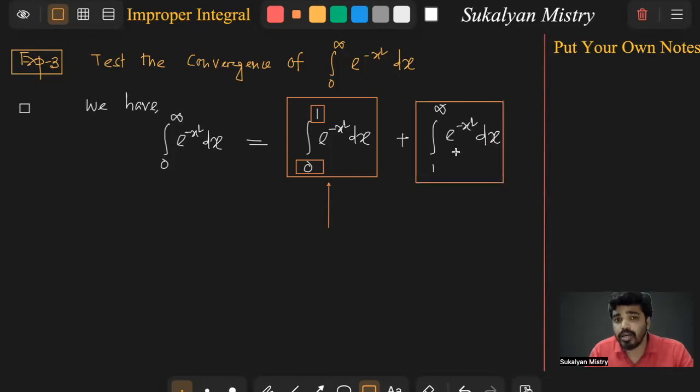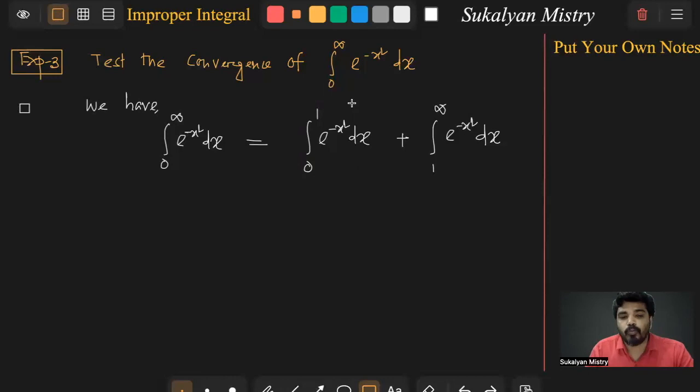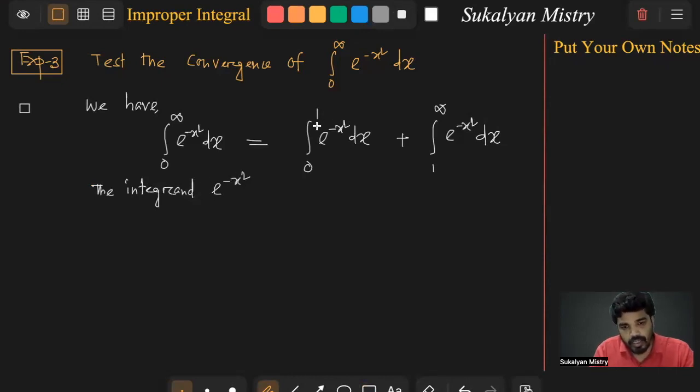যদি এটা convergent হয়, so sum of two convergent integrals is also convergent. Okay, so just write, this is a proper integral, so that must be convergent. So we have to check this integral. Okay, so write, the integrand e to the power minus x square, this is fx.